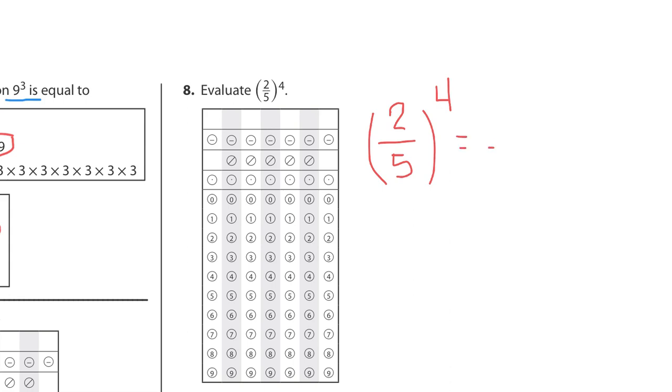Well, we know that we're going to have to do 2 to the fourth power and 5 to the fourth power. That's going to be 2 multiplied by itself, repeated multiplication.